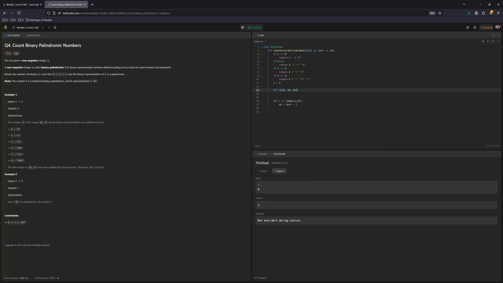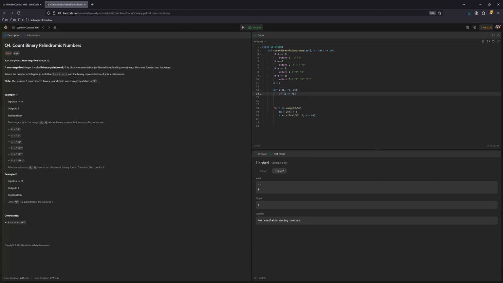Okay. Left bit, right bit, max value. Okay, C plus equals R of left bit, right bit, n minus the constraining outer value.